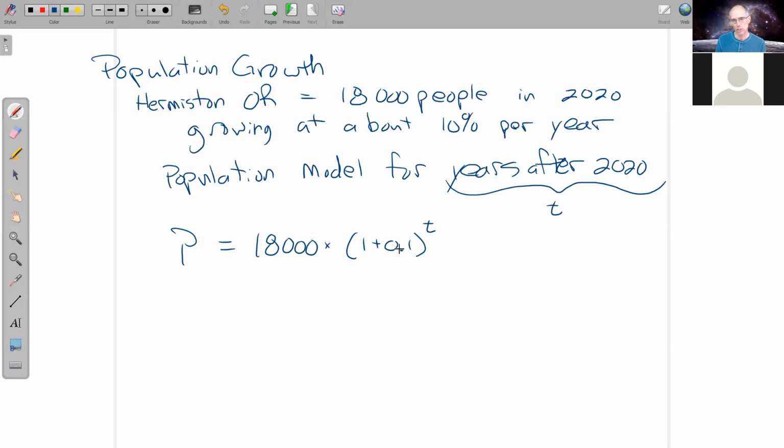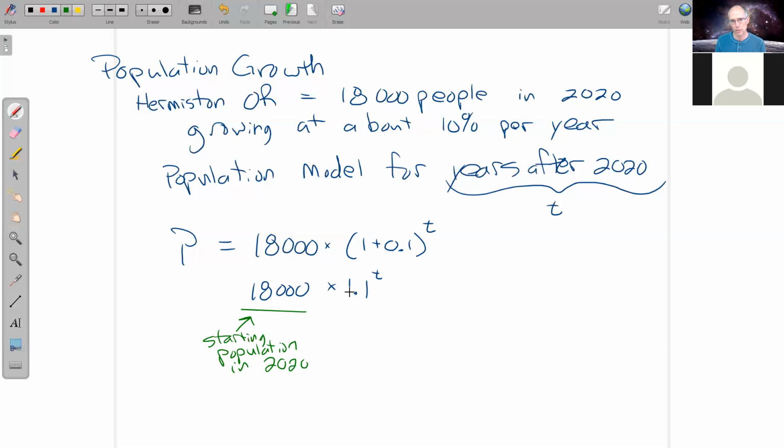And generally with these, that base cleans up. 1 plus 1/10 is 1 1/10, 1.1. So this would be the Hermiston population model. And again, what do these numbers mean? That number right there is my starting population in 2020, that was given.